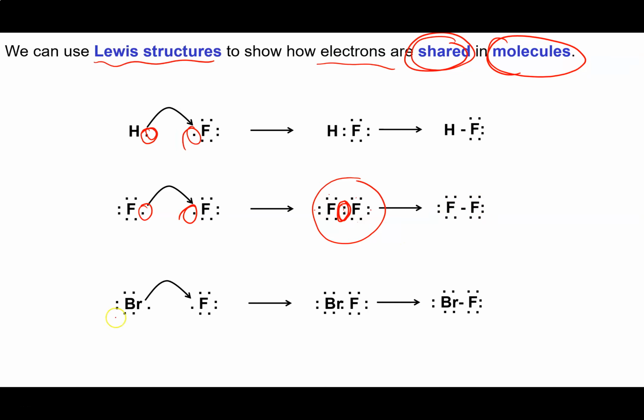You can see that the same thing would happen if we brought a bromine atom in contact with a fluorine atom. They're going to pair up their unpaired electrons, and so we end up with a bonding pair between the 2 atoms, which we can illustrate with a line, and those atoms would become stuck to one another.